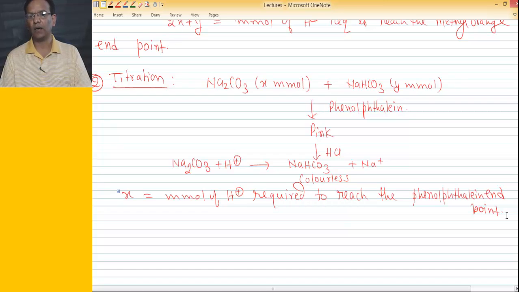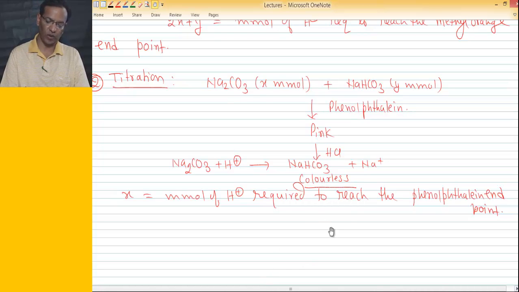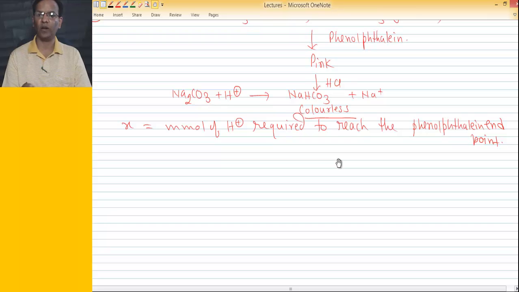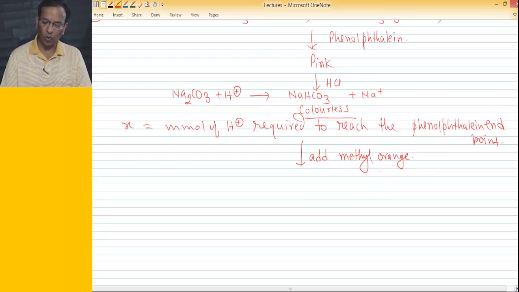Now rather than performing a second set of experiment, what we do here, the solution has become colorless. So we are going to add methyl orange at this point to the same solution. Since pH of solution is still much greater than 5, it is about 10, the moment we add methyl orange, the solution will become yellow.